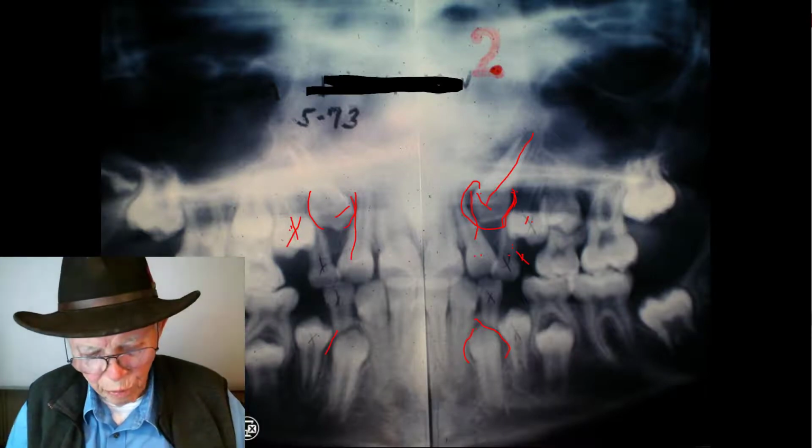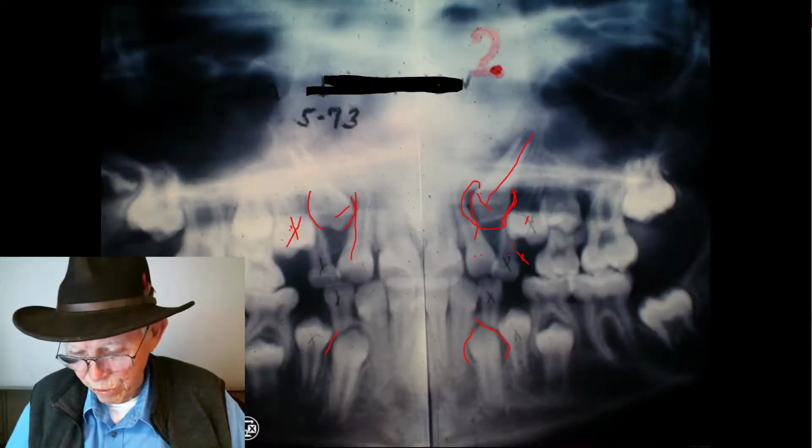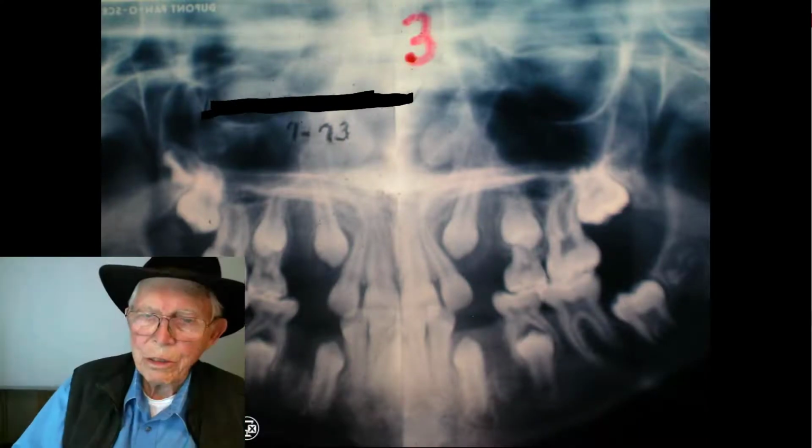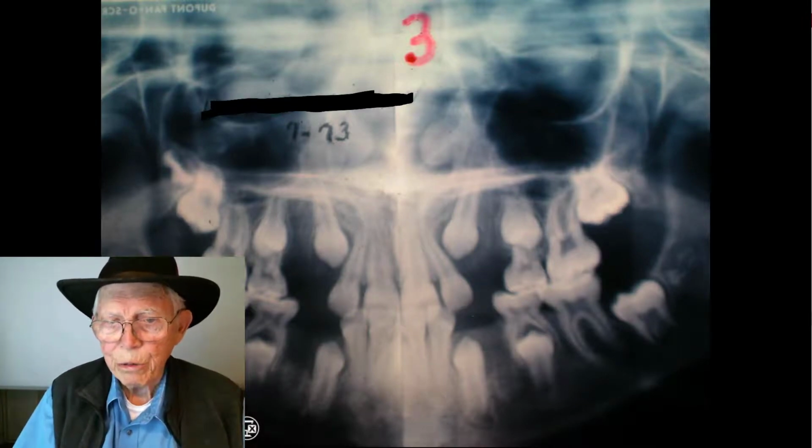And now I'm going to go to the next picture, and this is in 73. So we went from May of 73 to July of 73. Now this is just two months since we took that other picture.